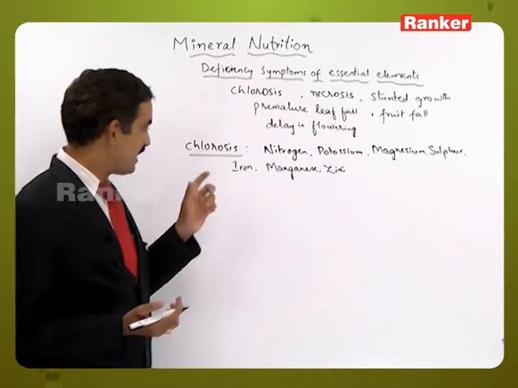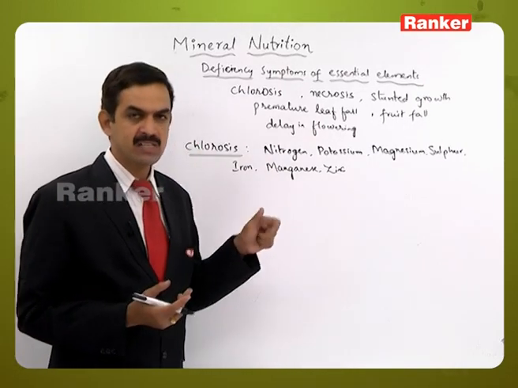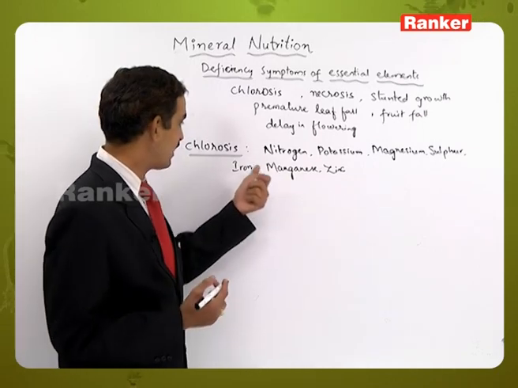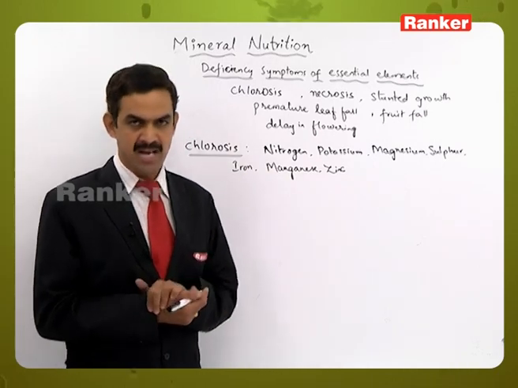So, exactly if a plant is showing chlorosis, we can't say exactly because of deficiency of which element this chlorosis has appeared in the plants.